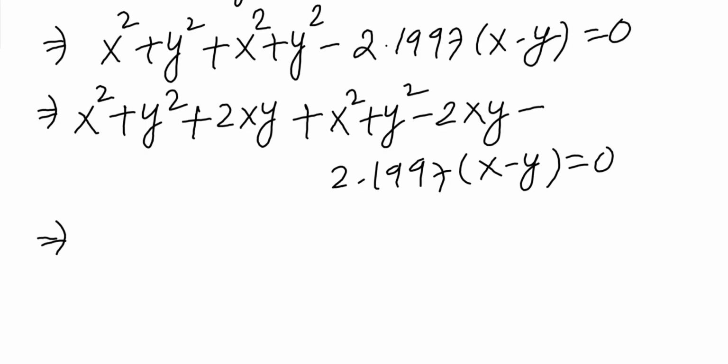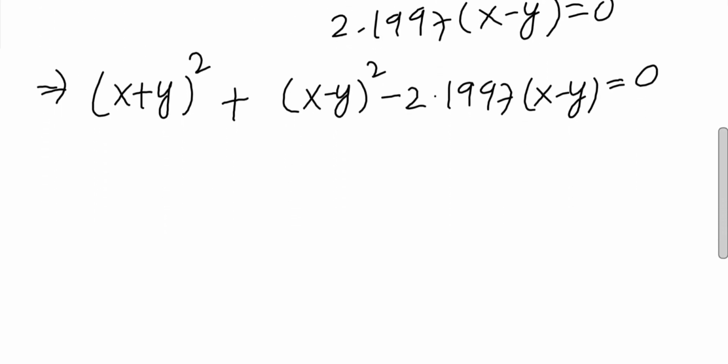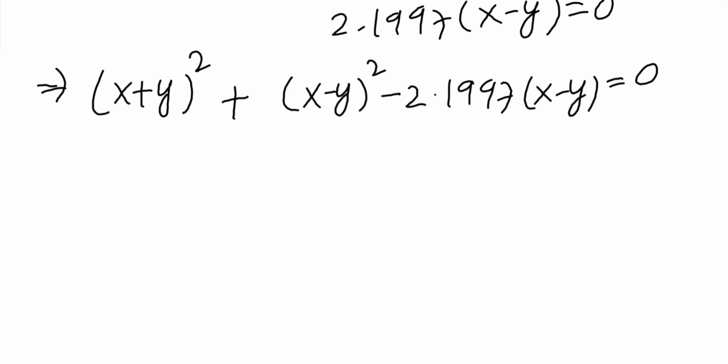Now if I complete the square, do you notice here we have a square minus 2ab, the only thing to add is b square, then we can complete the square for this whole term.